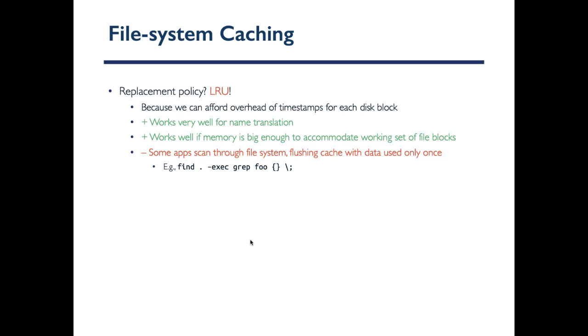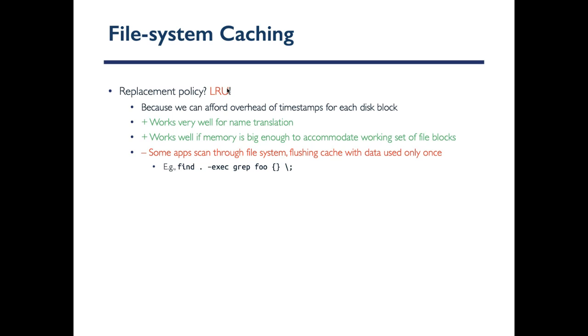Here you can use LRU, and because everything is in software, we can actually afford doing actual LRU instead of what we did with paging, which was approximating LRU with the clock algorithm or second chance algorithm or nth chance algorithm, which were just approximations for LRU.